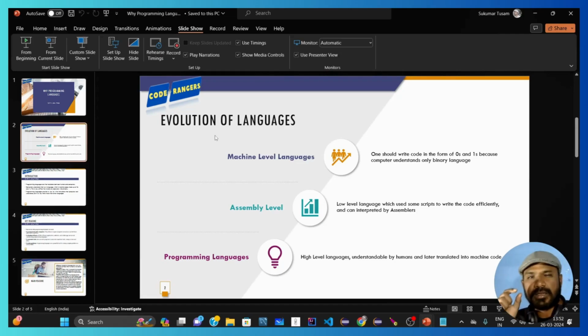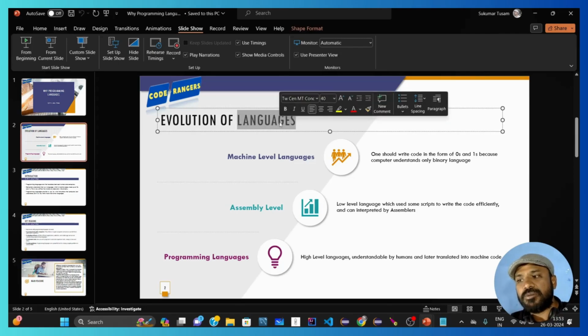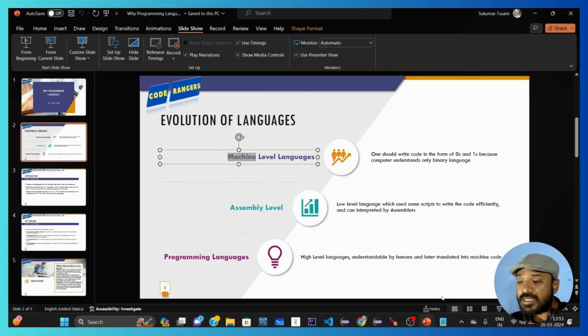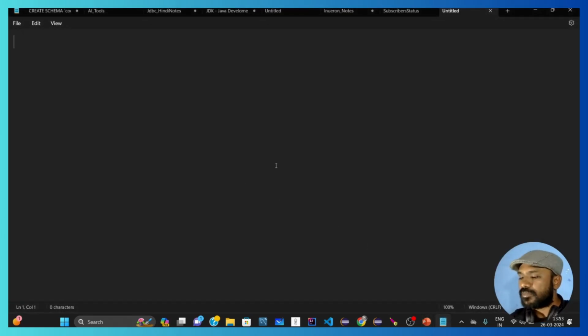Let us get deeper into the evolution of programming languages. Why programming languages? We already know: to communicate with the machine. What programming languages were initially used?